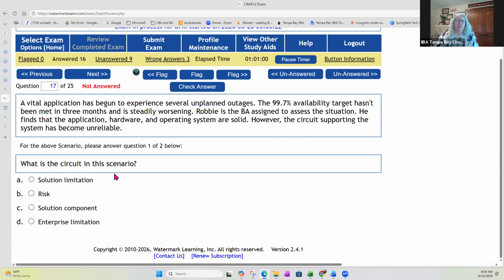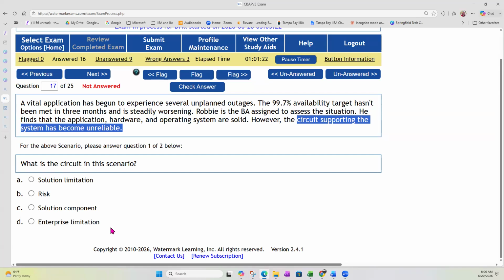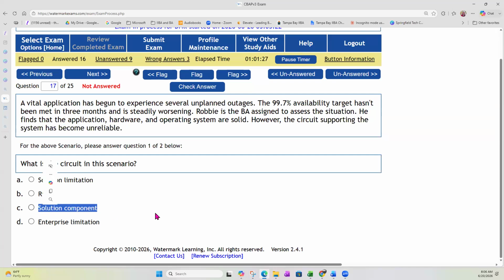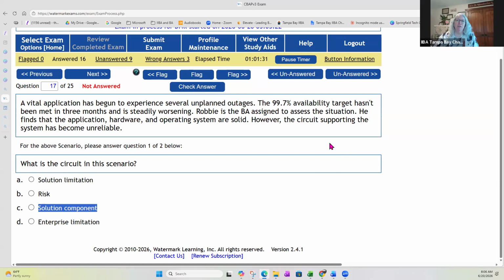What is the circuit in this scenario? The circuit supporting the system has become unreliable, so it's external to the solution itself. Is it a solution limitation, a risk, a solution component, or an enterprise limitation? It's not a solution component because it's something external to the solution. I'm telling you it's external to the solution from an old memory.